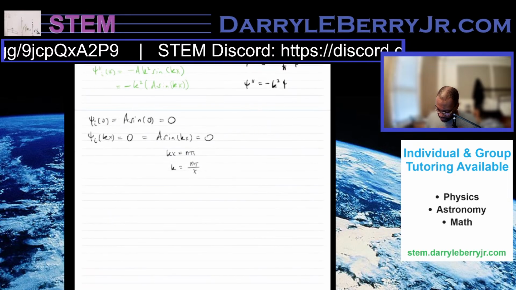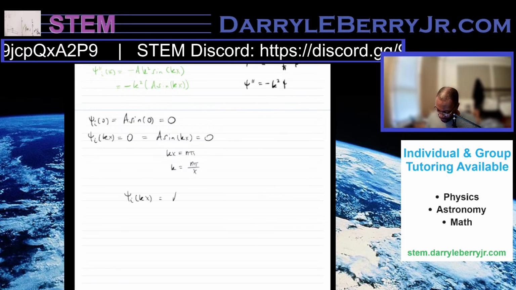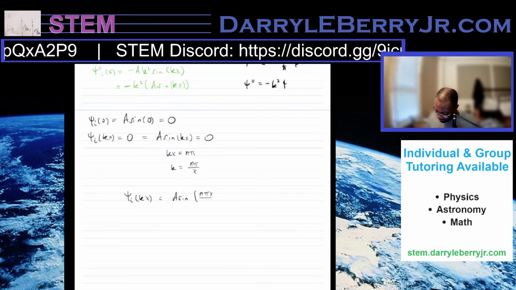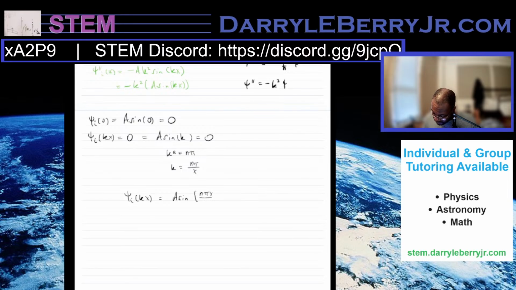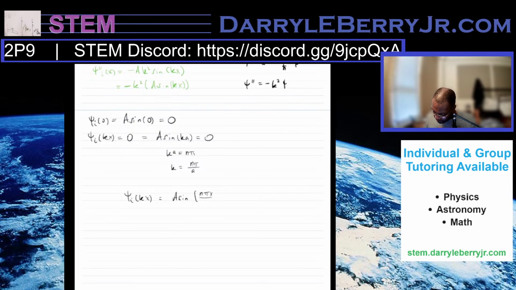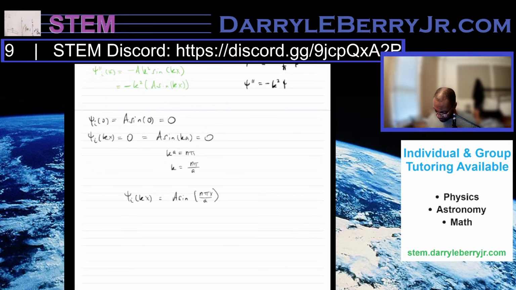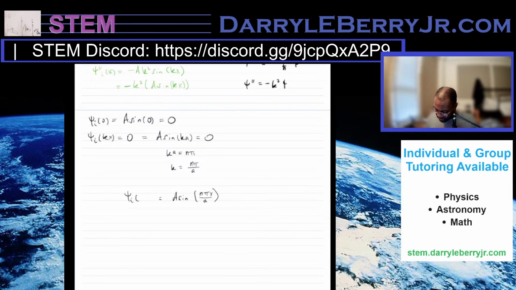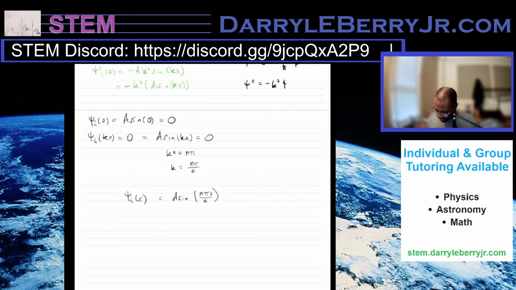And so now my psi becomes A sine of n pi x over, oh, I have to put my a, which I always do. So for a, there we go. Boom. Going back to our original equation, and I should just say psi of x equals that.